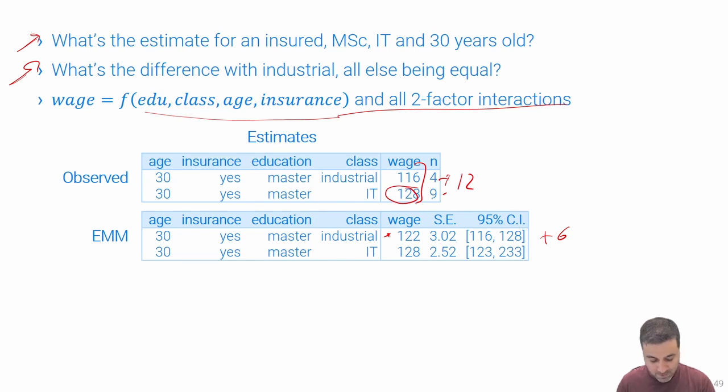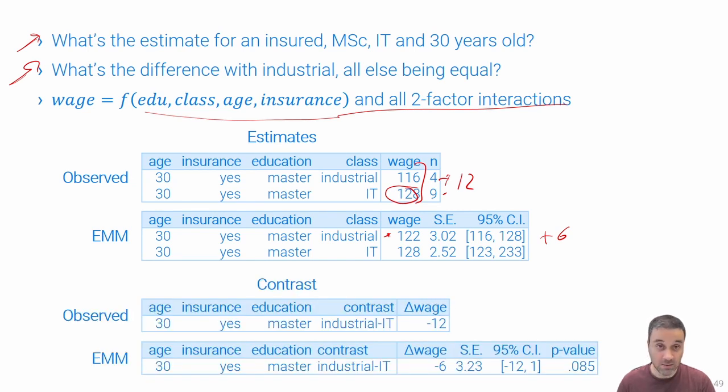Now, if we want to make the actual comparison, because yes, we have one estimate for industrial and an estimate for IT, but we want to compare one against the other. We want a confidence interval, for example, for their difference. We want a p-value. How do we do that? Well, if we look into the estimates again, with no model, the difference would be the negative 12 that we saw over here, right?